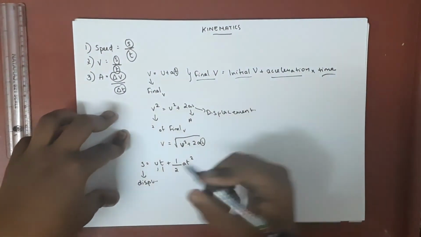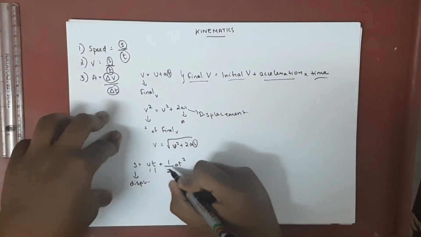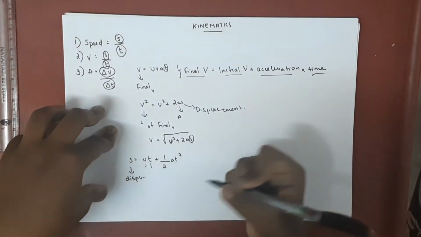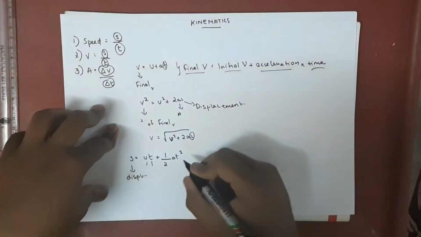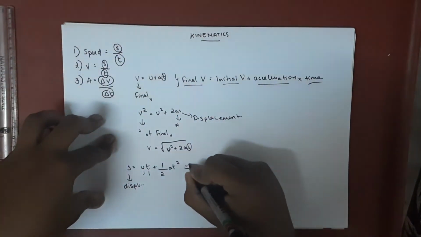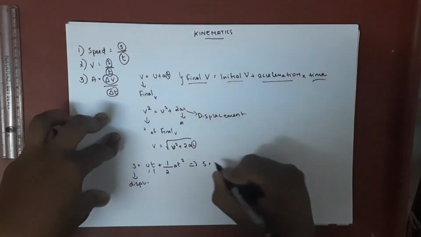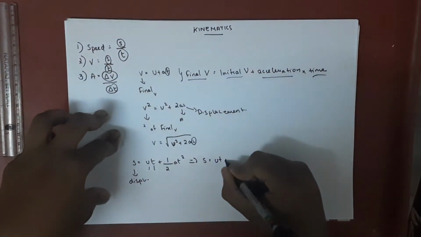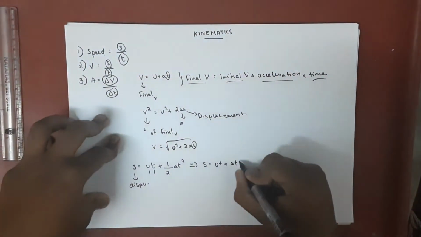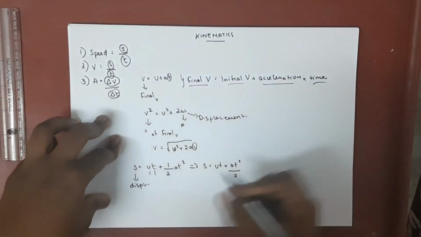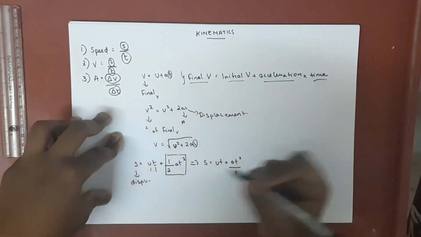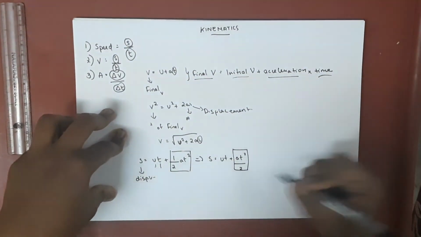This is the time. This is addition. This is half of acceleration multiplied by time squared. Or this can also be written as displacement is equal to ut plus at squared by 2. Both are the same thing, just expressed in a different way.